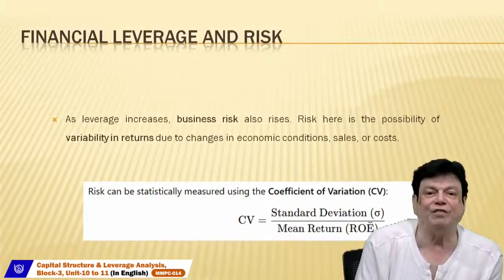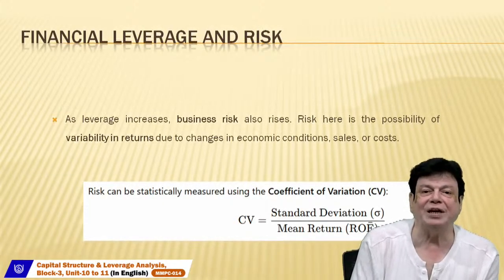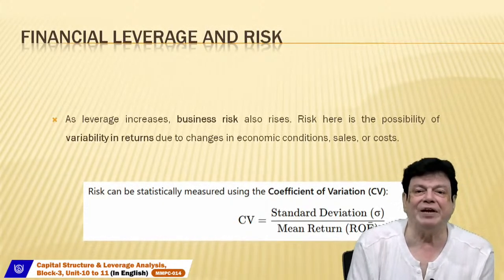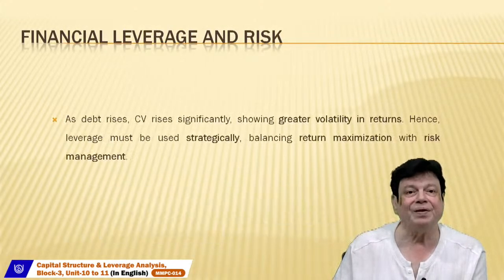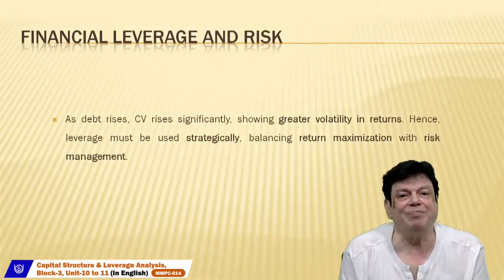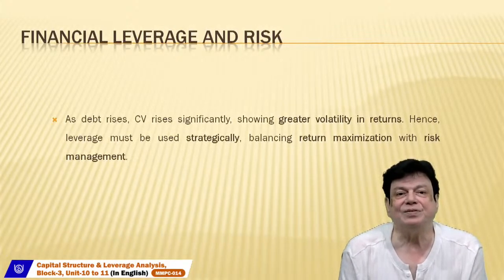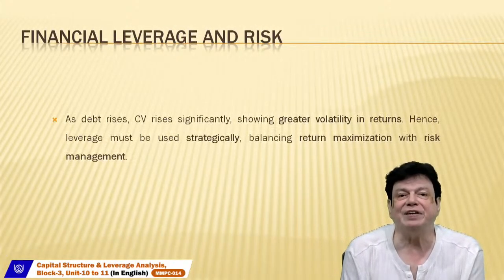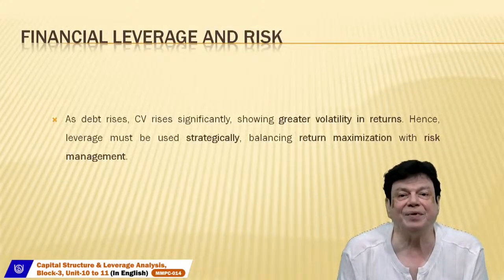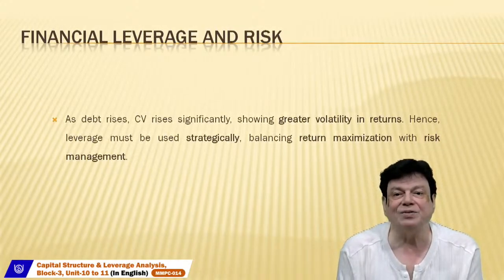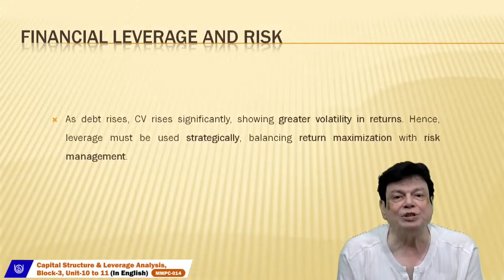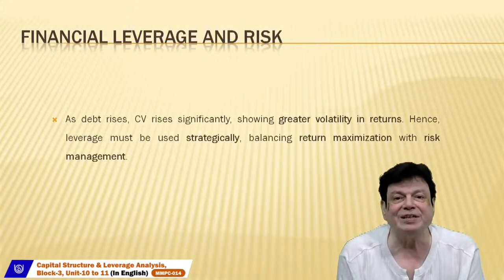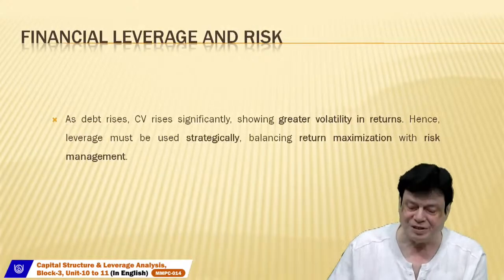Coefficient of variation is equal to standard deviation divided by mean return. As debt rises, CV rises significantly, showing greater volatility in returns. Hence, leverage must be used strategically, balancing return maximization with risk management.